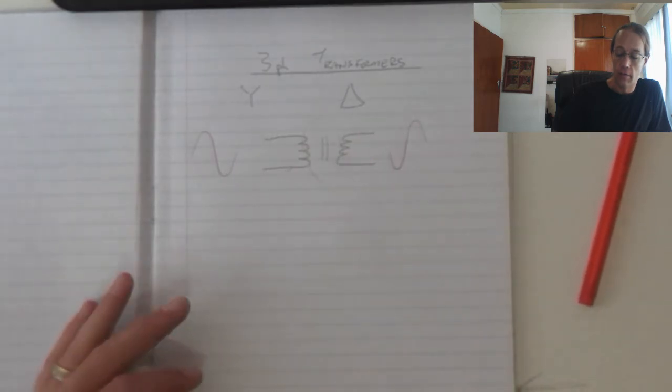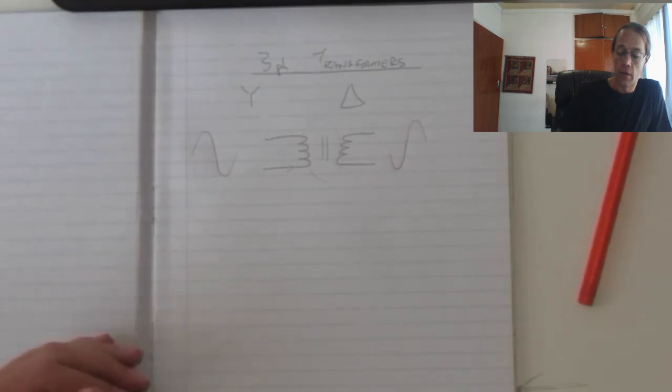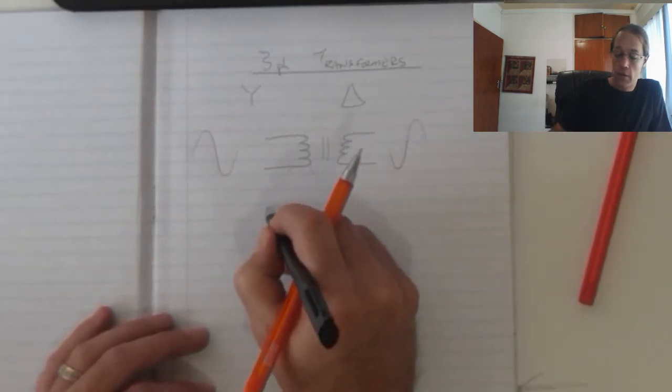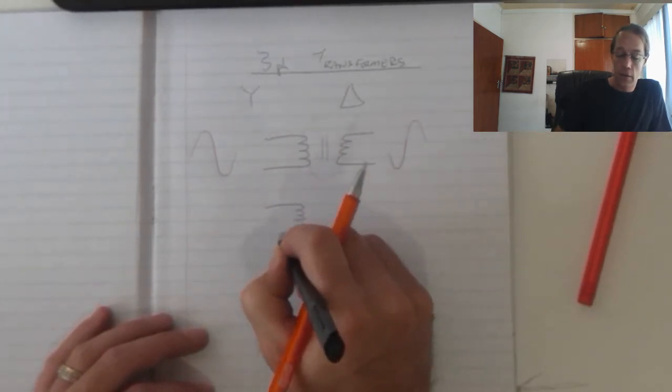So that is my red phase. My second phase, the yellow, is not going to show very nicely, but is basically going to do exactly the same.